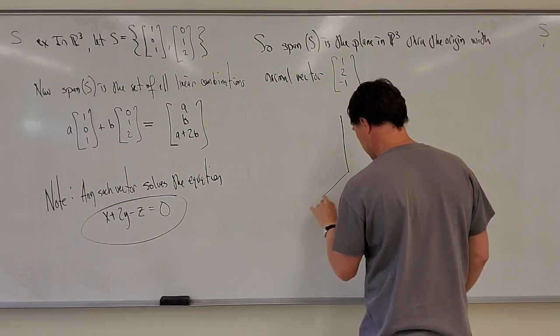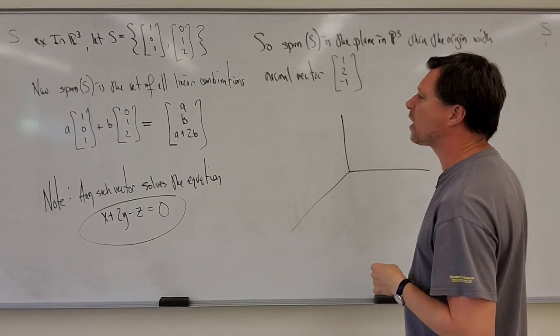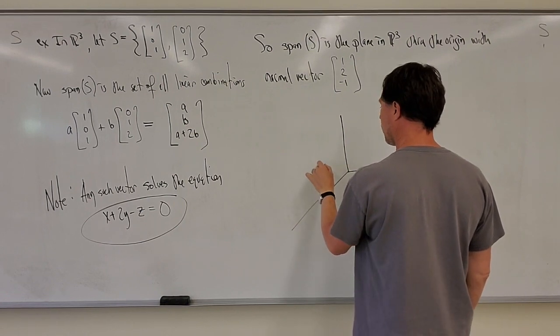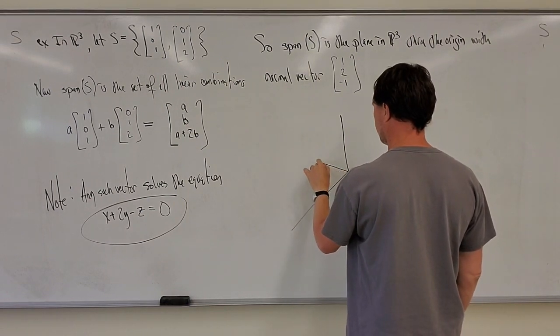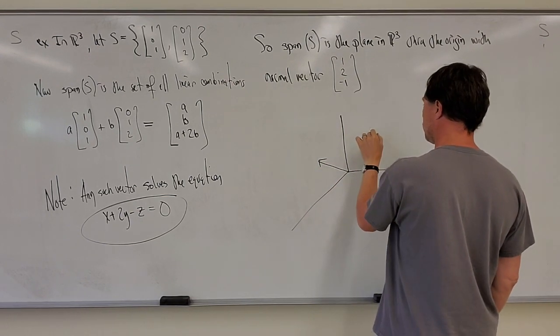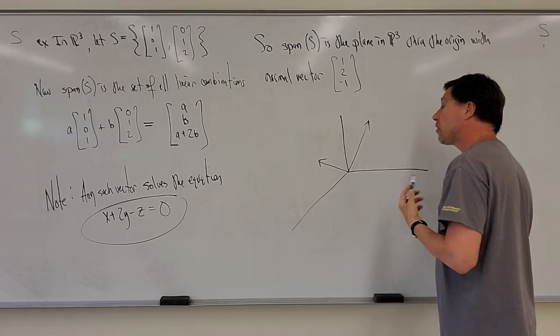And let's actually try to draw this picture here. My first vector was (1, 0, 1), so it's something like that. And then the second one, (0, 1, 2), something like that. So there are the two vectors.